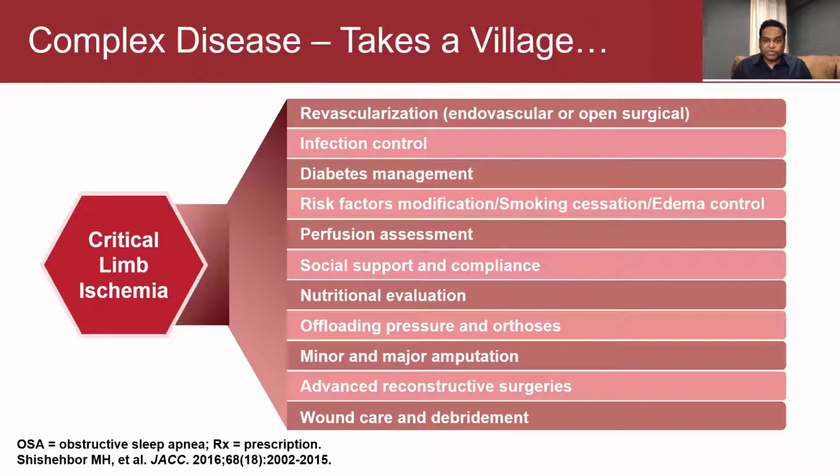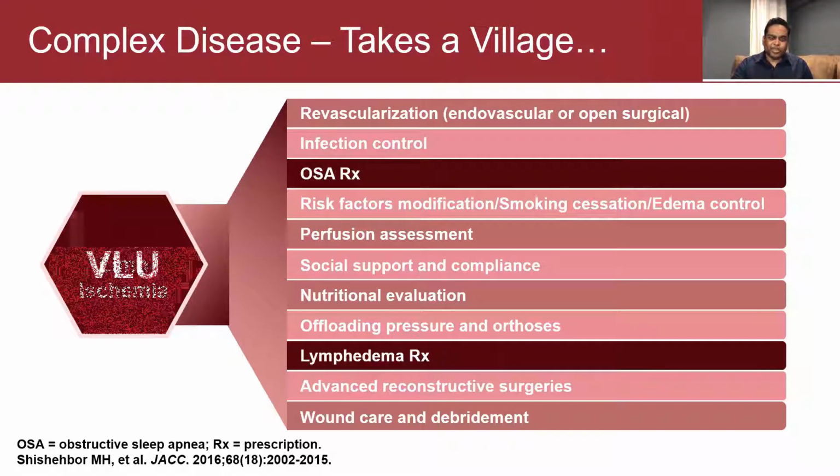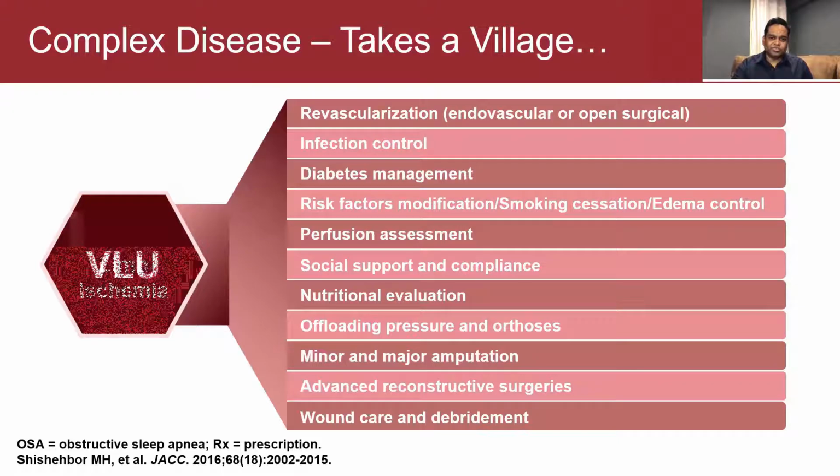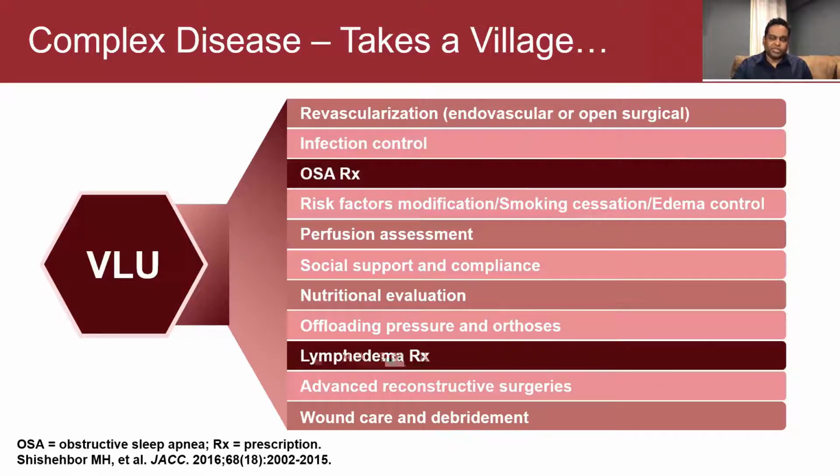Critical limb ischemia is a complex team sport. You need a whole lot of different specialists and a whole lot of different aspects of CLI being treated, such as infection control to revascularization. But when you look closely, venous leg ulcerations are not that different. Perhaps instead of diabetes management and minor amputations, you might need to treat obstructive sleep apnea and associated lymphedema.